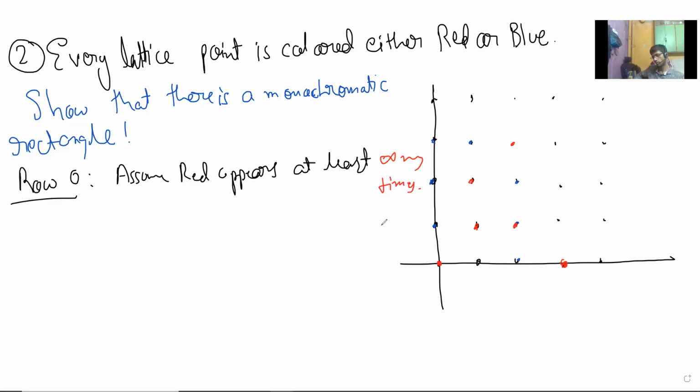So for the first column, also we can say that there will be at least two red, there will be infinitely many reds or infinitely many blues.